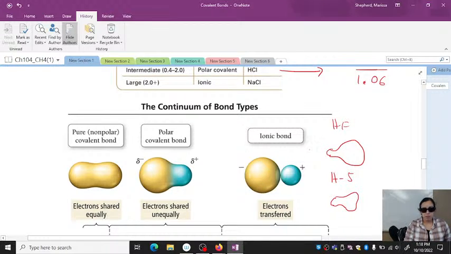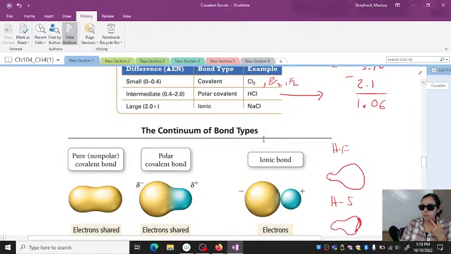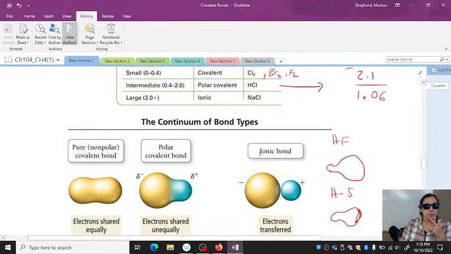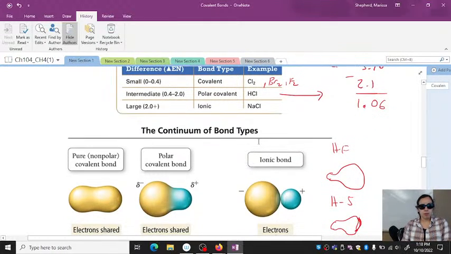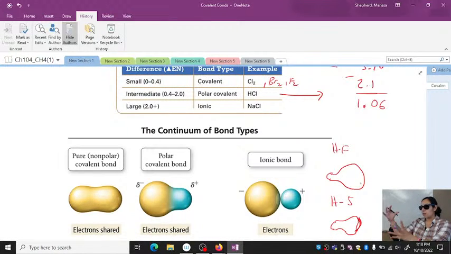And again, I'm a horrible artist, so apologize. But how you could look at this without me just telling you and scribbling is there is computational software, so you could look at the modeling, compare the electron density, and it tells you the mapping.